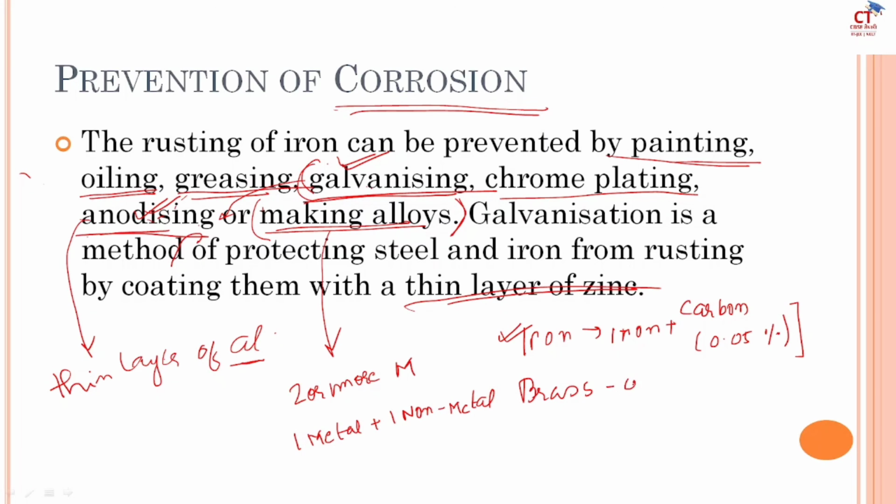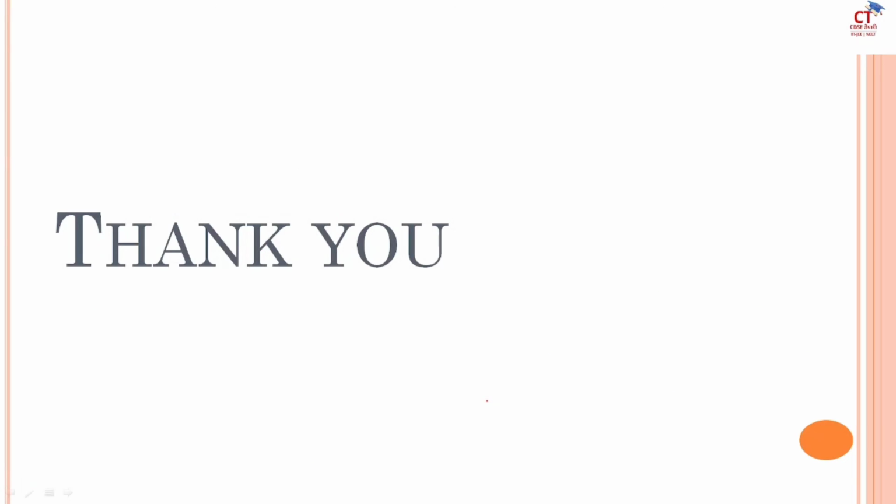How is brass made? It is made with copper and zinc. Alloys are a mixture of two or more metals, or one metal and one non-metal. Okay. With this, we come to the end of the chapter.